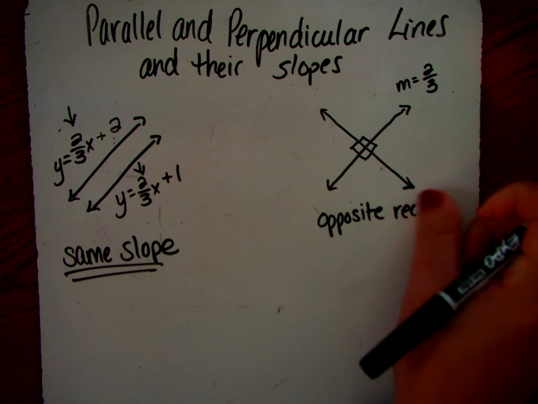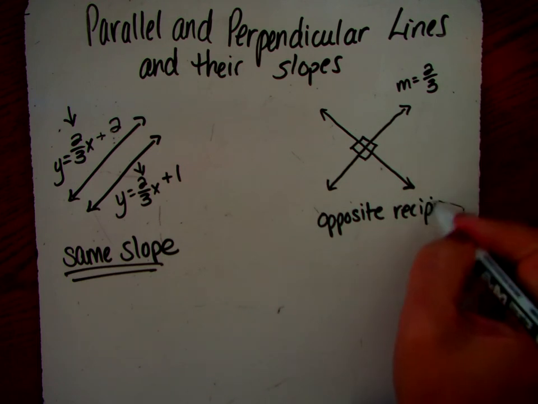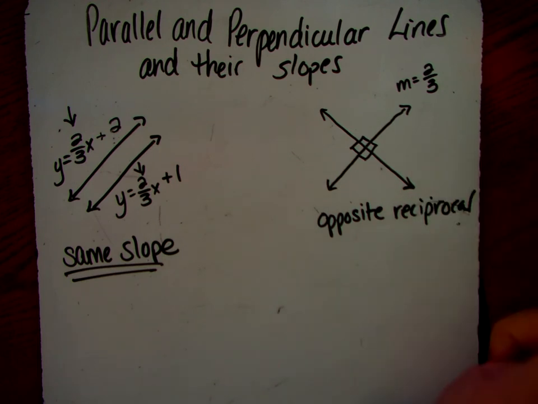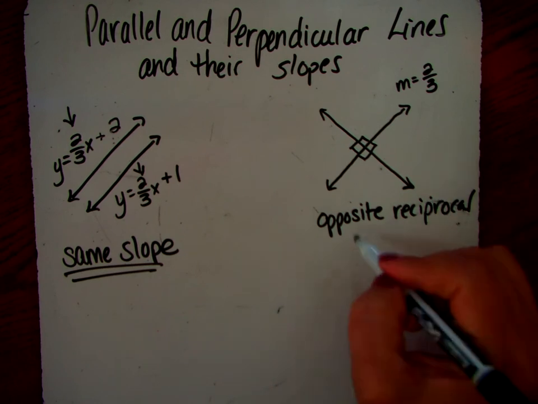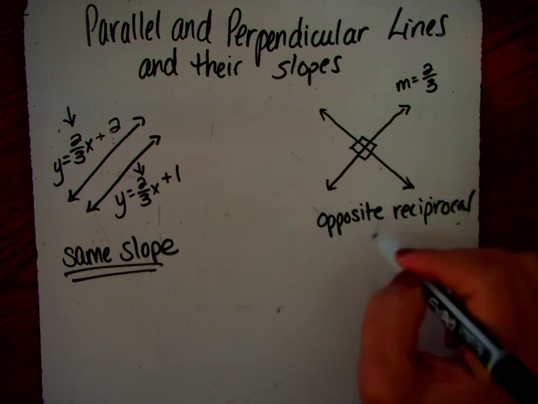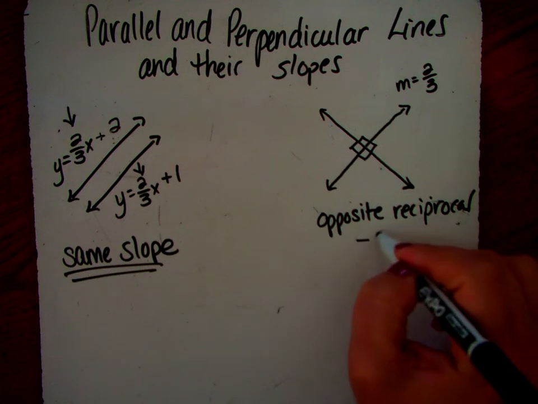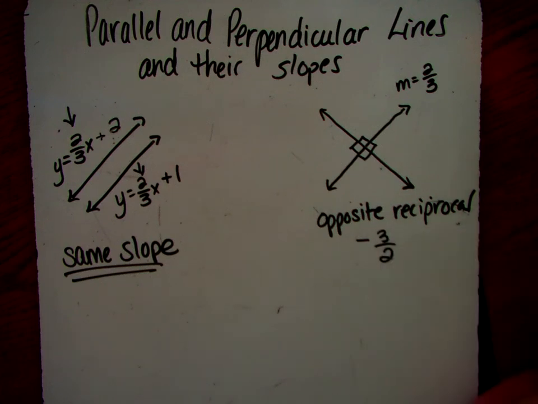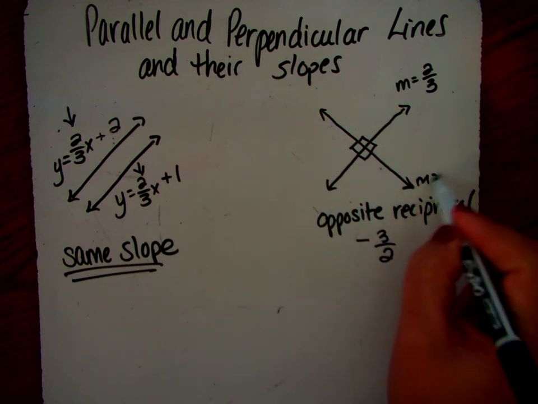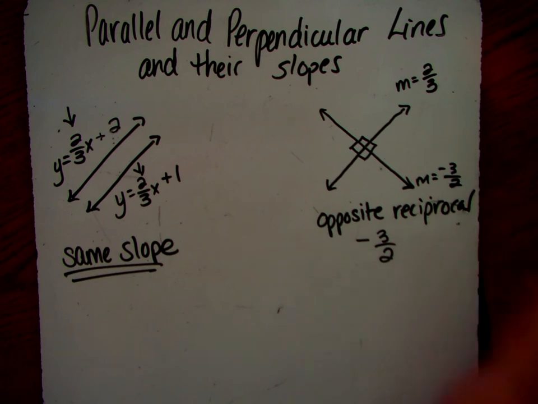Well, let me spell that. Reciprocal. All right, which means the opposite, so if that's a positive, opposite is negative. Reciprocal is flipping your fraction upside down. So the one for this one would be -3/2.